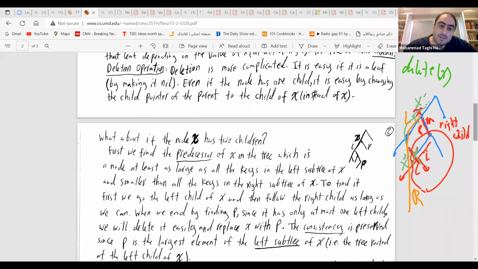Okay, so these are the three main operations: delete, insert, and search. However, as you can see, all of these operations, how much running time or how many comparisons do they take?